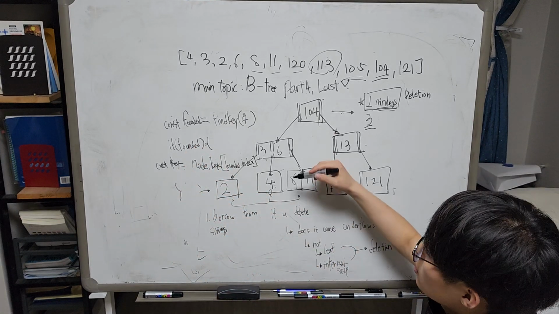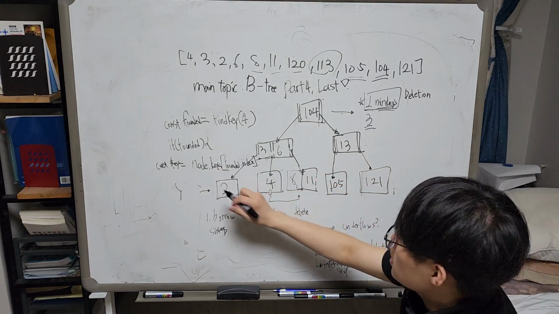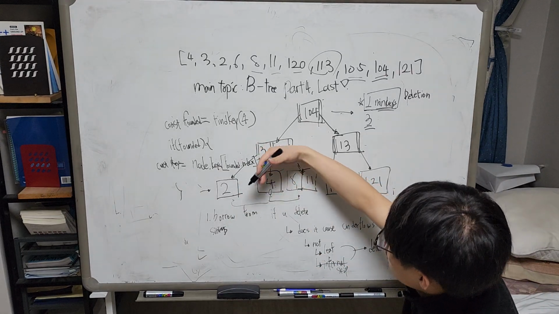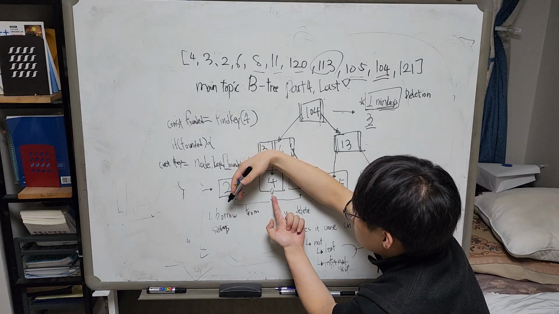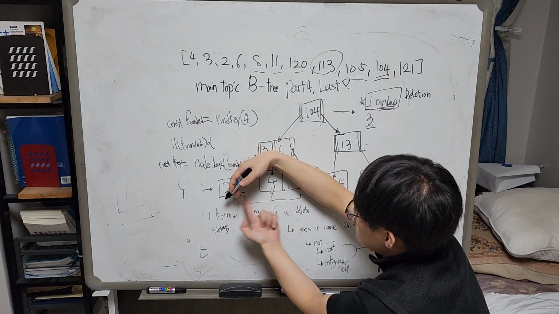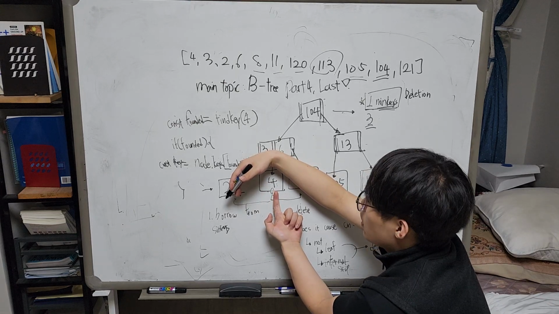But the thing is that you really have to think about borrowing from the siblings. If you're in this part, it's really hidden from here. So you have to really track all of the siblings. But if you're on the left node, pointing at the 4, you don't know what to borrow from.